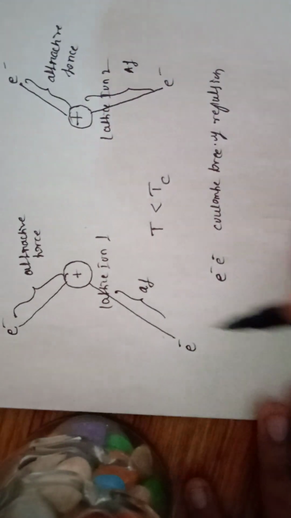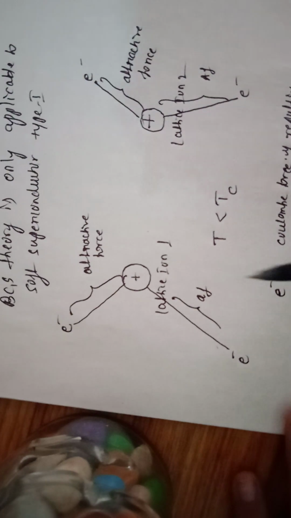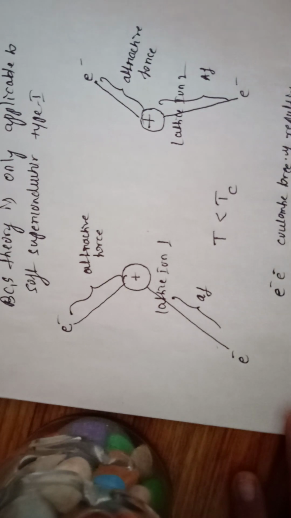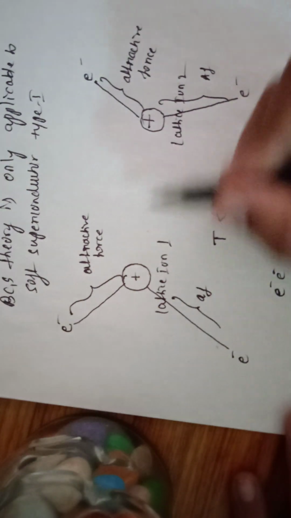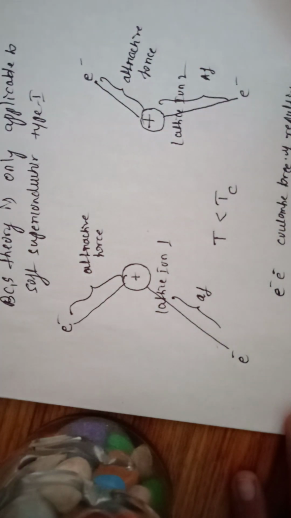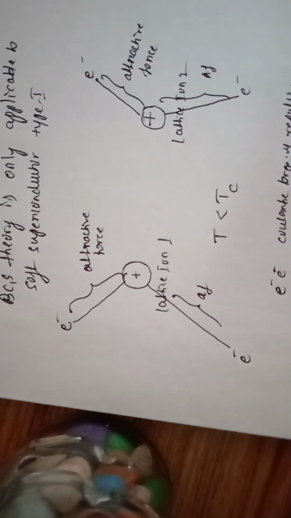Now in the superconducting materials, you bring down the temperature of the system to a very low temperature. If the temperature of the system is very low, definitely there are no vibrations within the system. These lattice ions are not going to vibrate because there is no phonon contribution. The temperature is very cool. These lattice ions are not vibrating about their mean position.